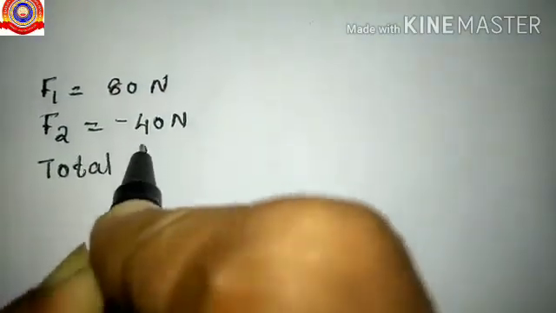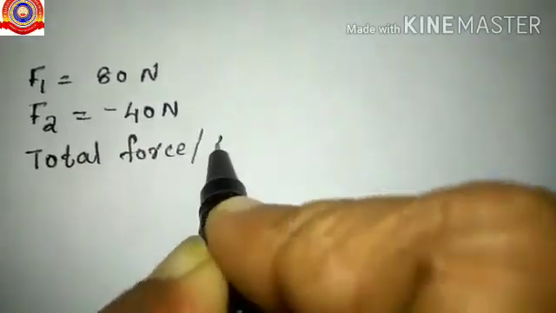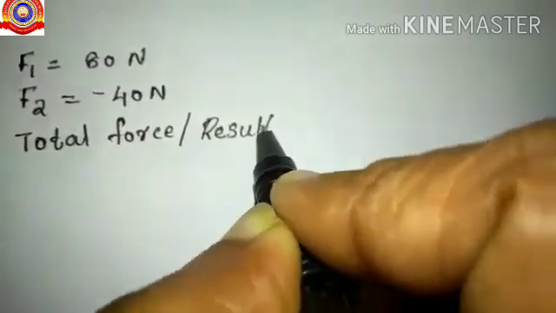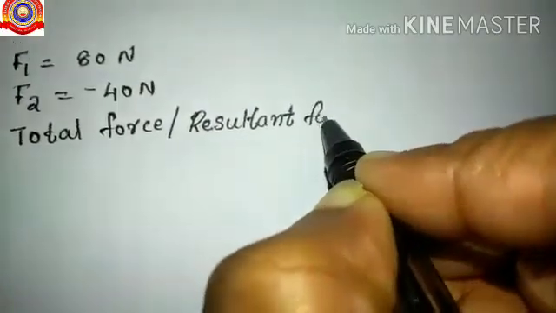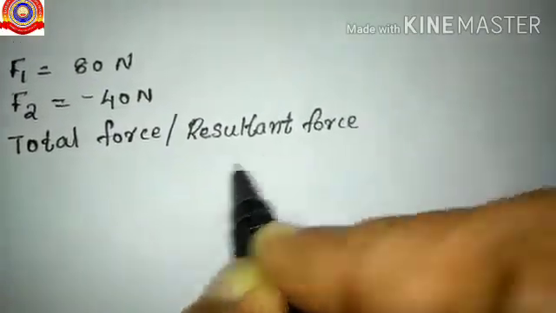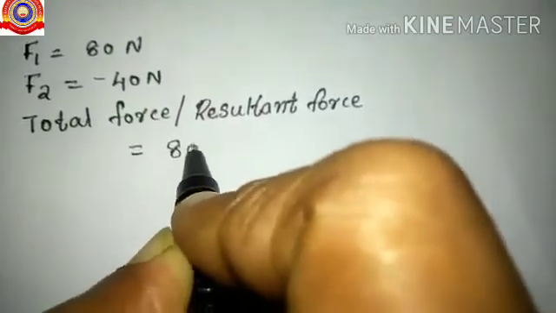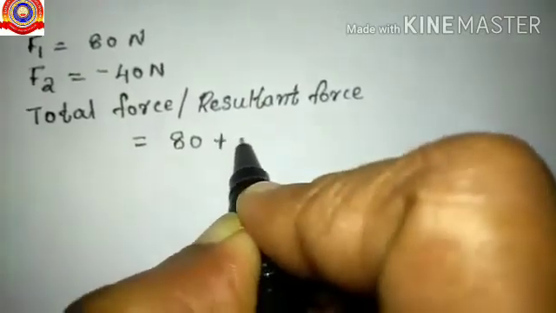So what is the total force? Total force or resultant force equals 80 plus minus 40.